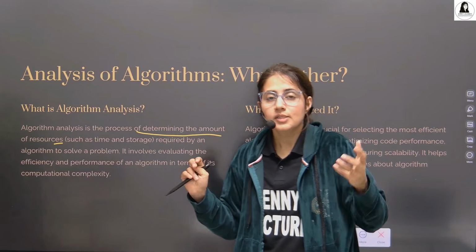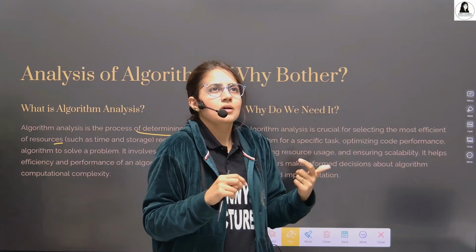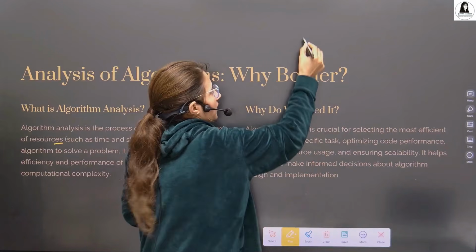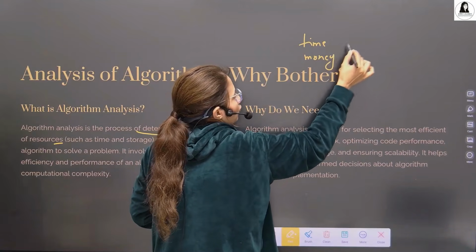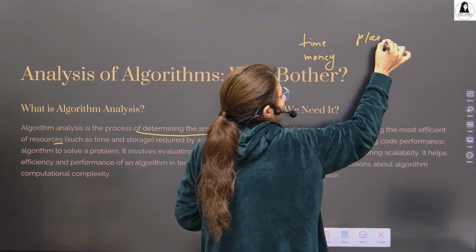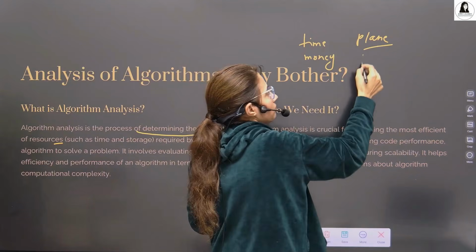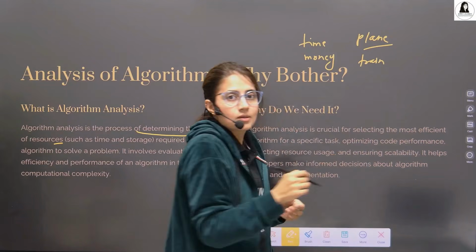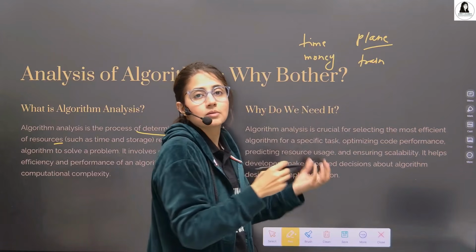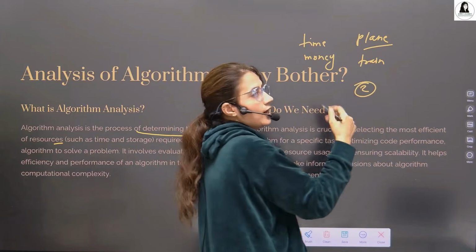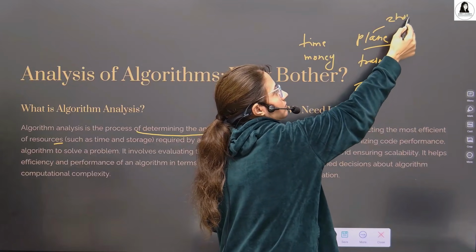Now see, if you want to go from one location to another, there are many factors, like the time factor and the money factor. You can go by plane, but if you don't have that much money, maybe you go by train. Second thing is, if you don't have time, by train it takes 2 days to reach that location, and by plane it takes maybe only 2 hours.